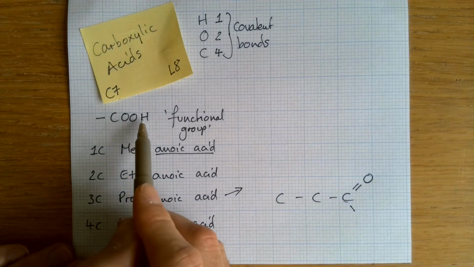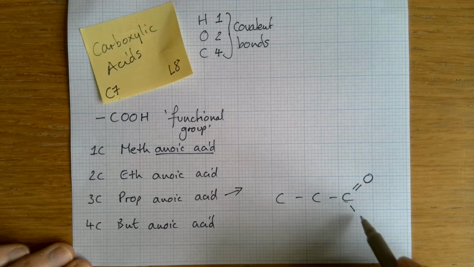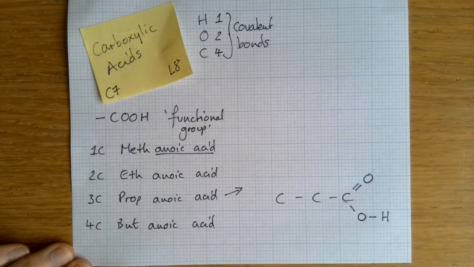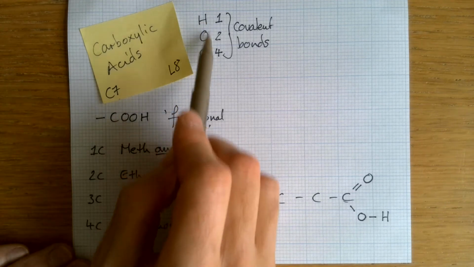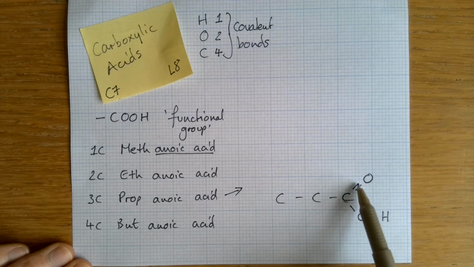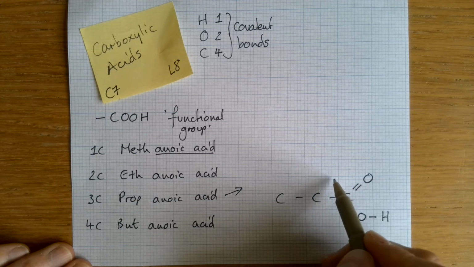So I've only got an oxygen and a hydrogen left to fill up the structure. So the way to solve this problem is, if we put the oxygen here, there's 1 bond already for the oxygen, there's the other one, and the hydrogen fits in as well. So let's go back to our checklist. Hydrogen has 1 covalent bond, oxygen has 2, this oxygen has 2, this carbon has 1, 2, 3, 4. So that's the functional group done.